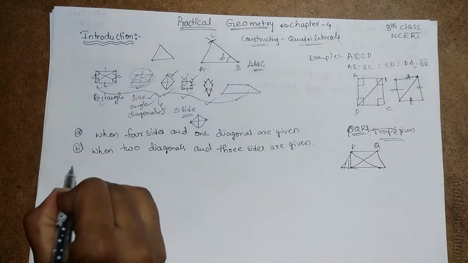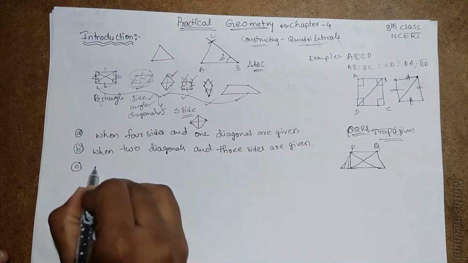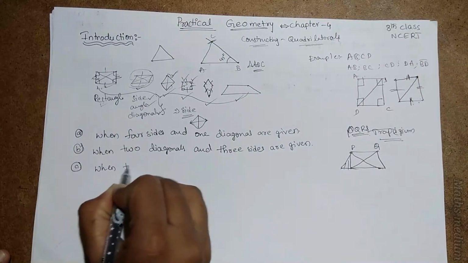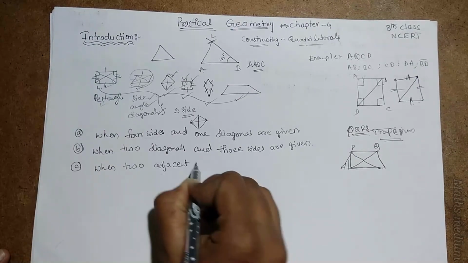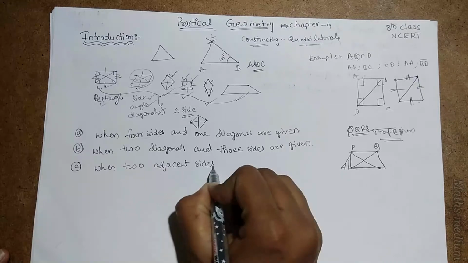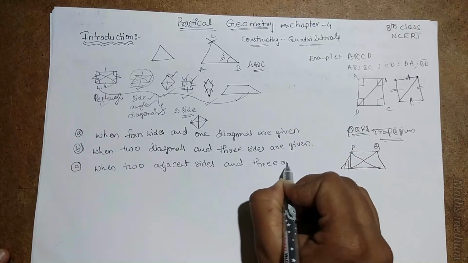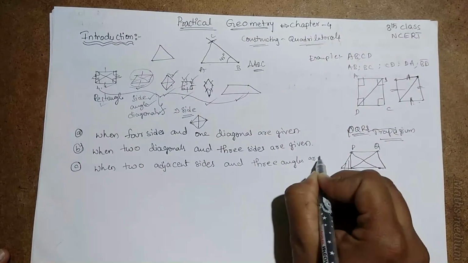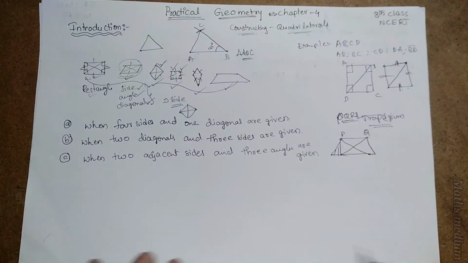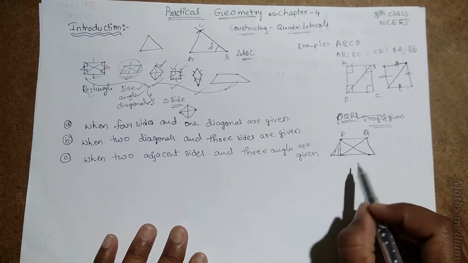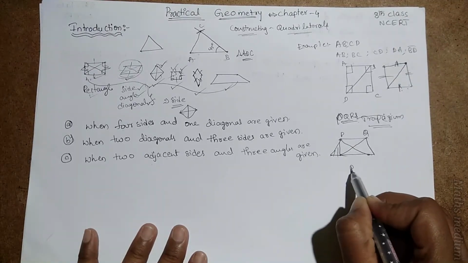Next, coming to C, another type, when 2 adjacent sides and 3 angles are given. So 2 adjacent sides and 3 angles, take another parallelogram, let it be RSTU.